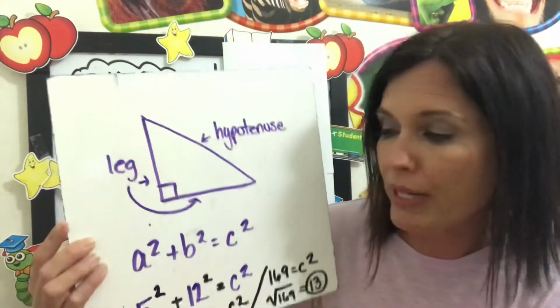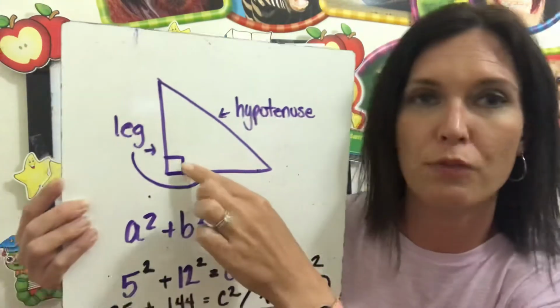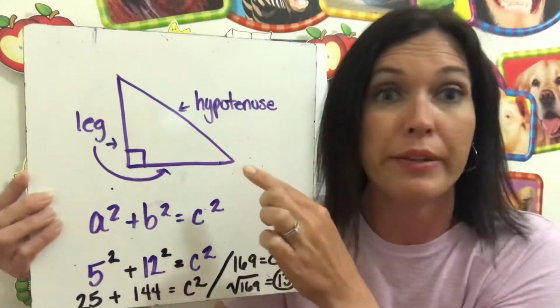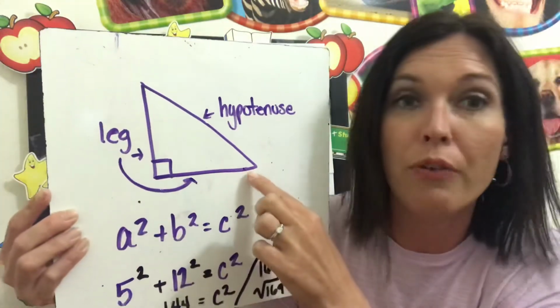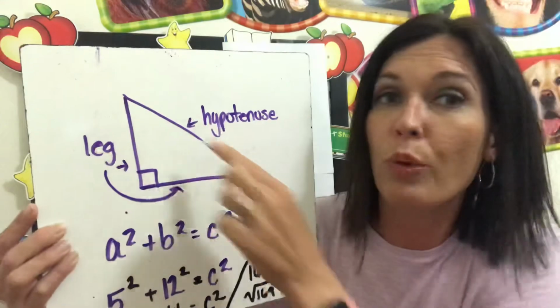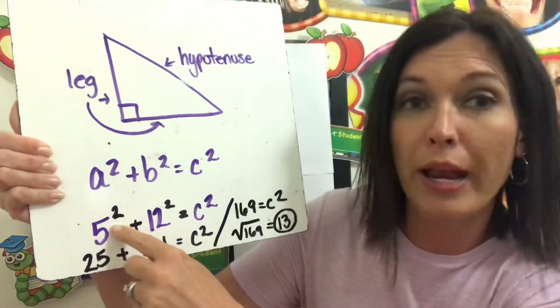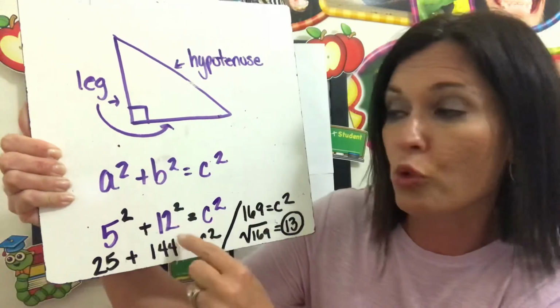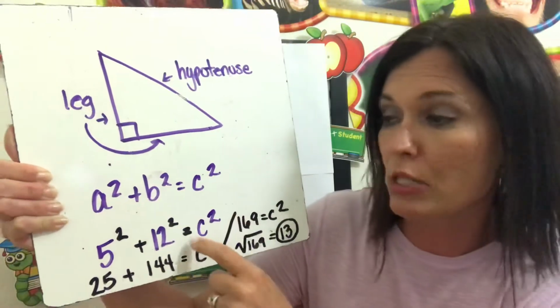So let's pretend that this had a length of 5 and this had a length of 12. No, this is not drawn to scale, but work with me here. If this was 5 and this was 12, and we needed to figure out the length of the hypotenuse, we would say 5 squared plus 12 squared, because my a is 5 and my b is 12, equals c squared.